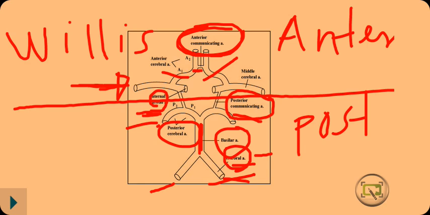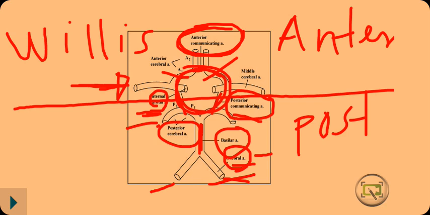So we have two posterior communicating arteries, this one here, and the other one. This joins the two posterior cerebral arteries to the two anterior cerebral arteries, hence forming a what? A circle. So basically that's the circle of Willis.